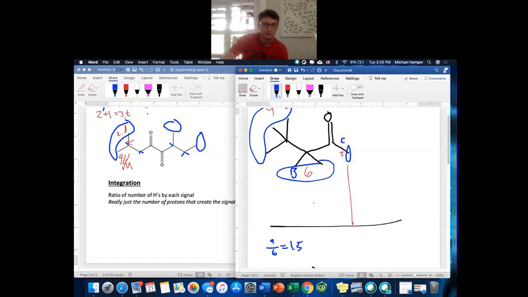So you're going to have another peak with this ratio relative to this. I know I'm struggling to explain this, but 3 divided by 6 is 0.5. So your C signal will be half of your B in terms of height. If you can somewhat visualize it, you can see that the number of protons associates with the height of the peak. Does that make sense?